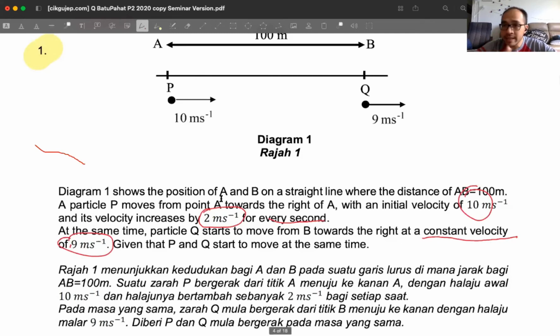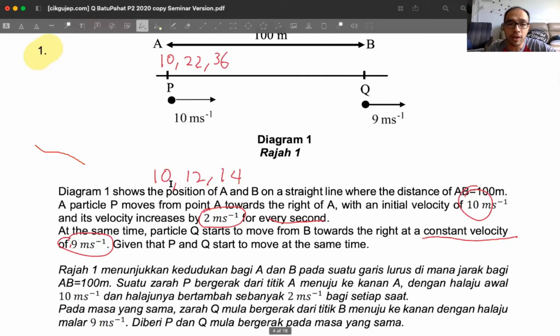But in the second, pada saat yang kedua, since it increased by 2, so we're looking at 10, and then 12, and then 14 meters per second. That means the distance that P travels will be 10. Okay, the next second it travels 12 meters, so it will be 22. The next one will be 36. Okay, and so on and so forth. Because the velocity, this is tough.